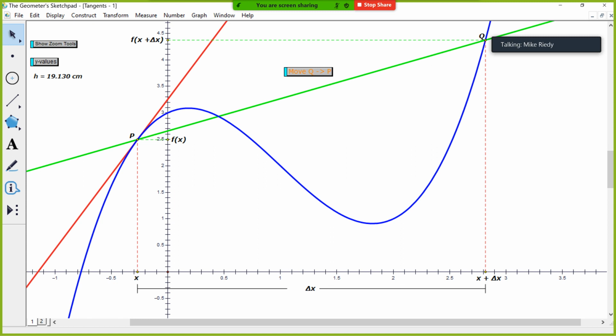y2 minus y1 over x2 minus x1 gives us the slope of that green line.